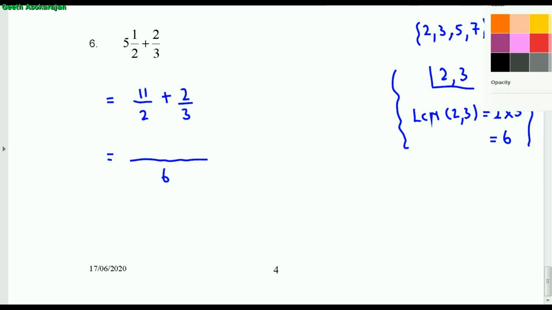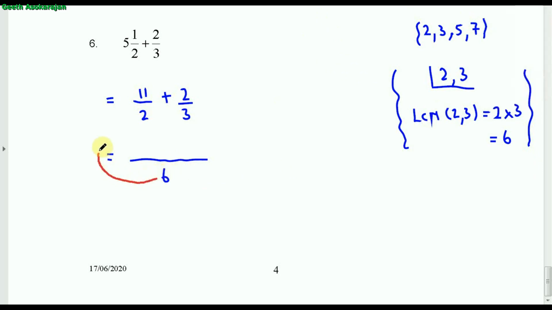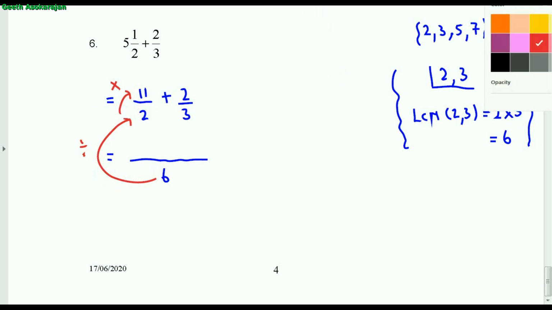And if I change my pen colour to red, so remember the next step, I divide the 6 by the 2 and I multiply the answer by the 11. So let's do this. So in this case, 6 divided by 2 is 3. 3 times 11, 33.